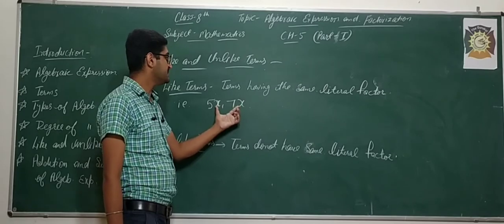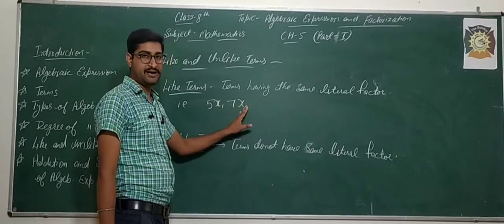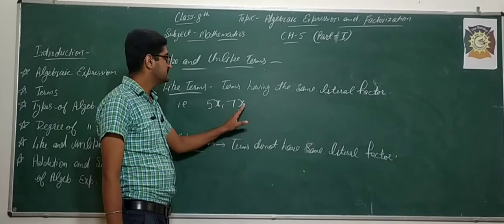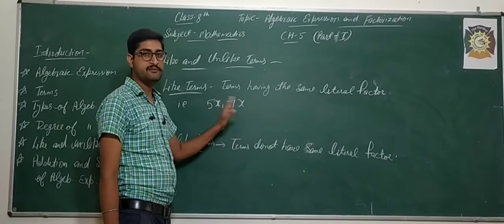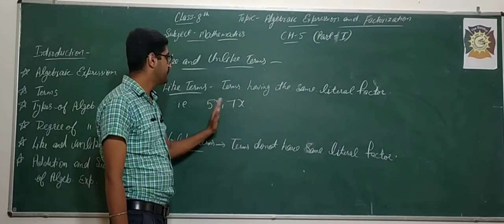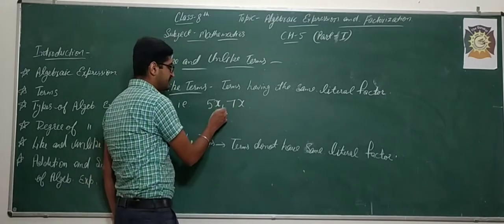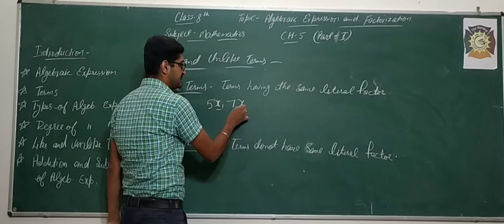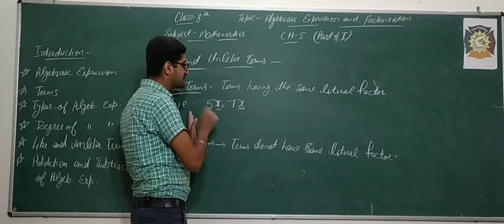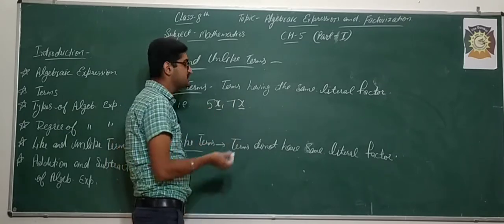But here you can see x is the literal factor and it is the same in both the terms. Okay, in both the algebraic expressions, both are same. 5x, here x is there, 7x, here x is there. So these are the like terms to each other.